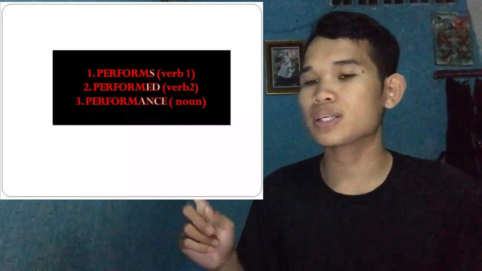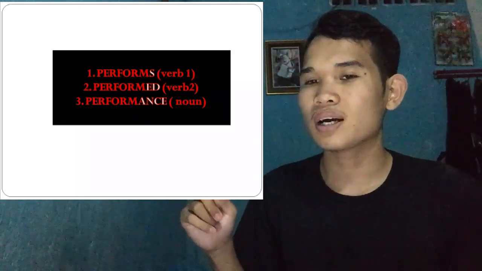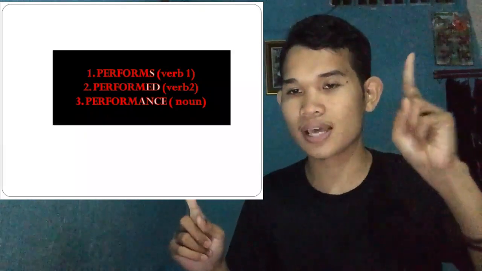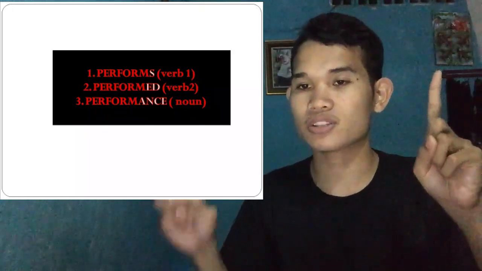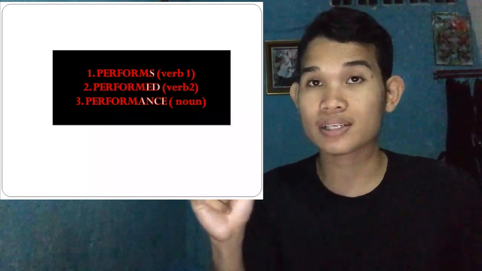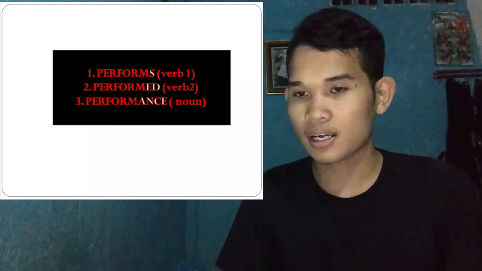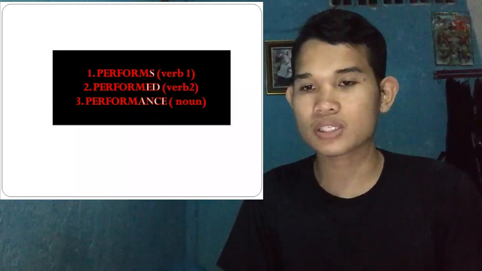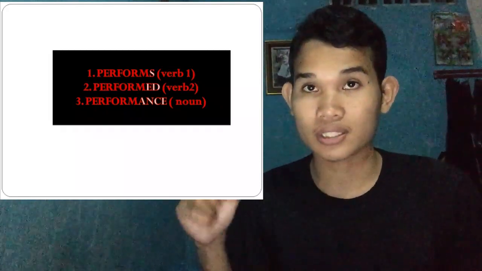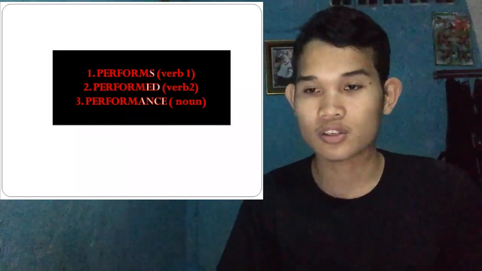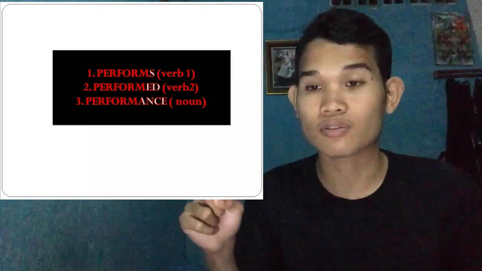The first sentence, performs, is verb 1. Why is there an s? Because it is the third person singular. That's why we add s to verb 1.